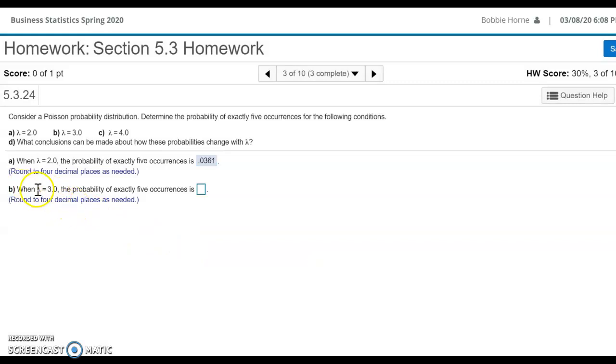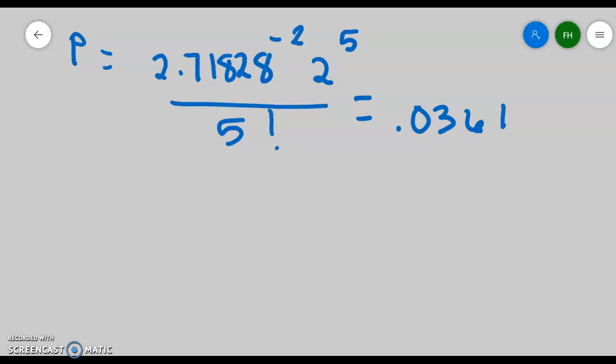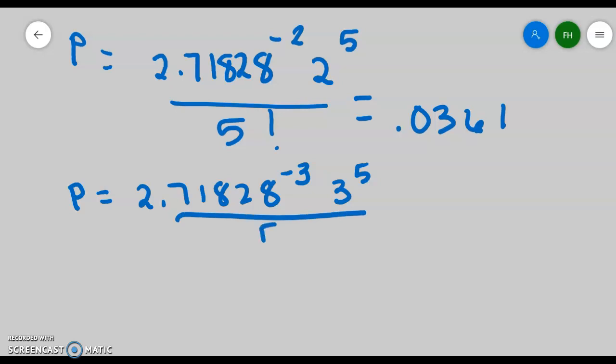Okay, and then the next one, the mean is 3 this time. So we're going to do 2.71828 to the negative 3, and then 3 to the 5th over 5 factorial. So the only thing that changed was the 3.